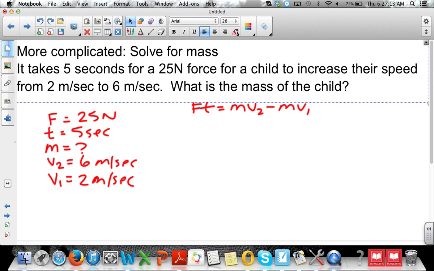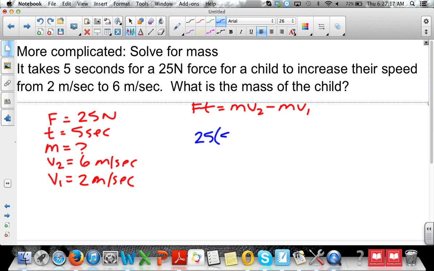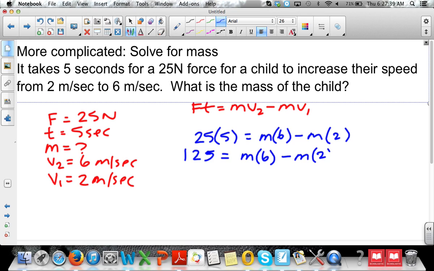Okay. So I'm going to go plug all this stuff in. 25 times 5, that's... not 50, sorry, 125. And then M times 6, I'm going to just leave that the way it is, and M times 2.